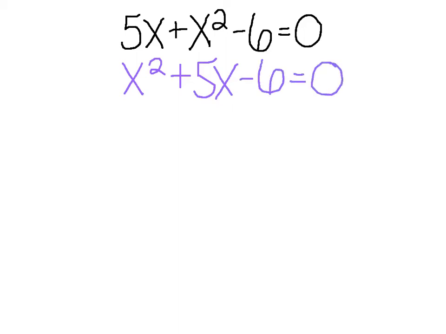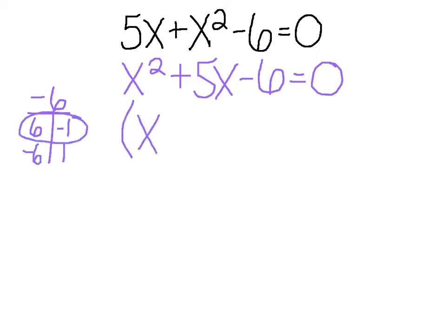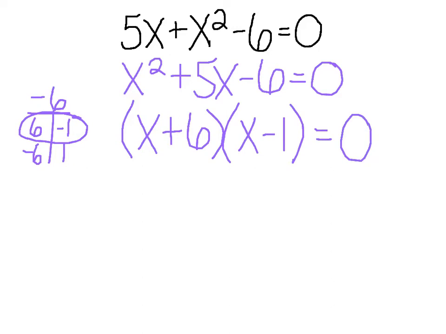Step 3 is to factor. I'm looking for factors of negative 6 that add to 5. Well, I have 6 and negative 1, or negative 6 and positive 1. 6 minus 1 is 5, so I want x plus 6 times x minus 1 equals 0. Finally, we're going to set each factor equal to 0 and then solve for x.